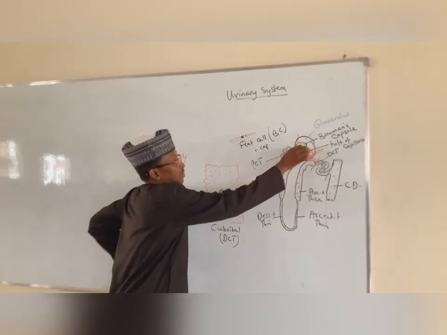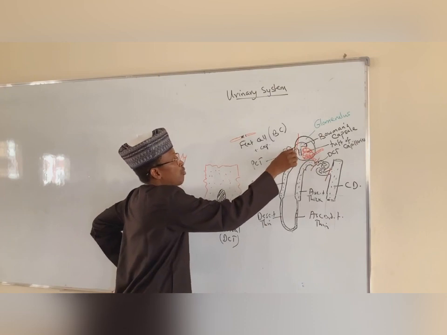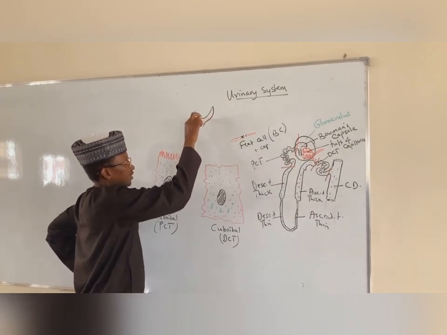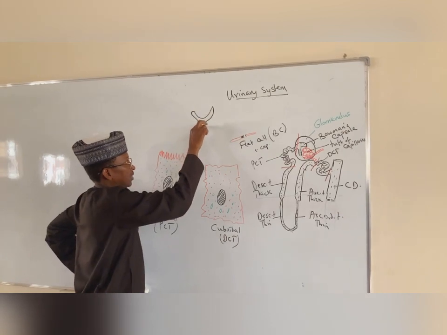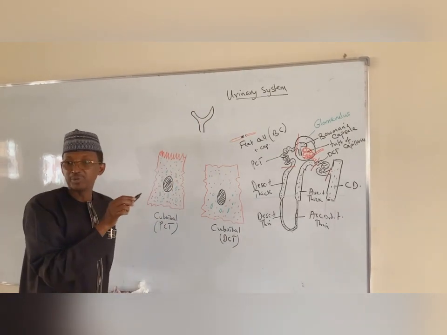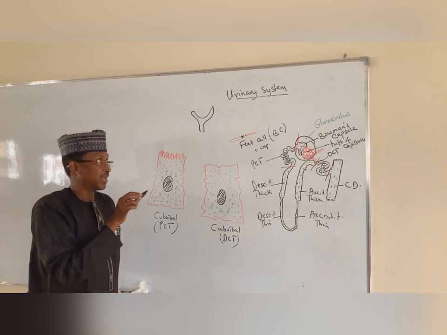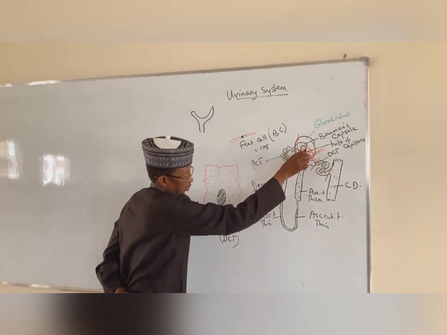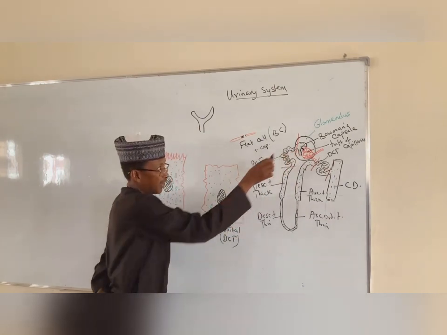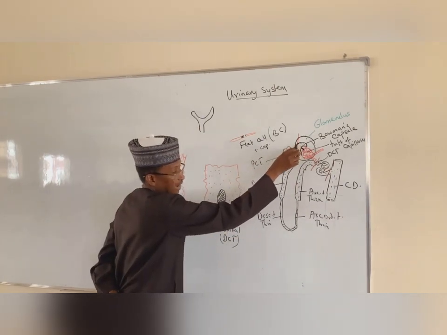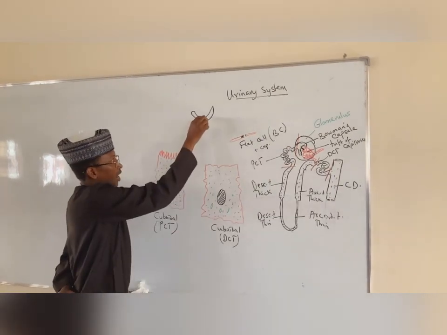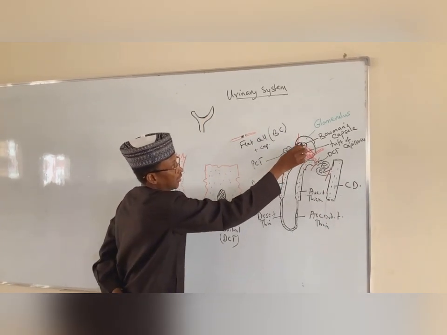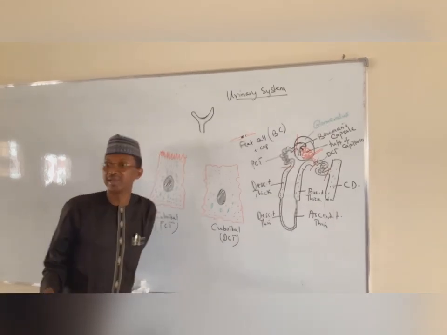Inside the Bowman's capsule, I told you, is just like a cup-like structure, like a funnel. It is made up of 2 layers. The outer layer, which is closer to the glomerulus, and then the inner layer. The inner layer is known as the visceral layer, and the outer layer is the parietal layer.